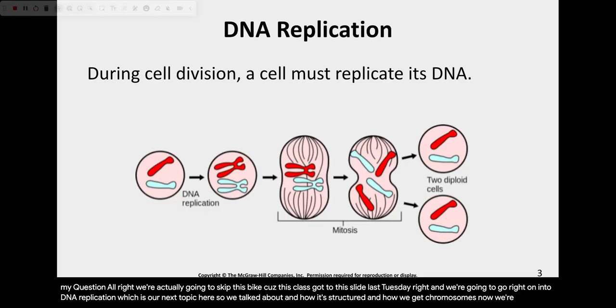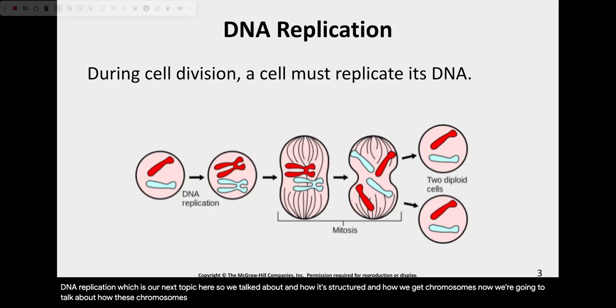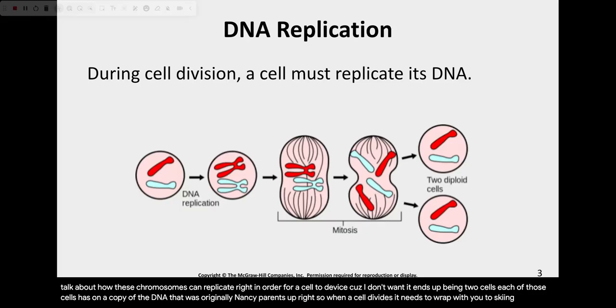Now we're going to talk about how these chromosomes can replicate in order for a cell to divide. When a cell divides, it needs to replicate its DNA so that when it ends up being two cells, each of those cells has a copy of the DNA that was originally in the parent cell.